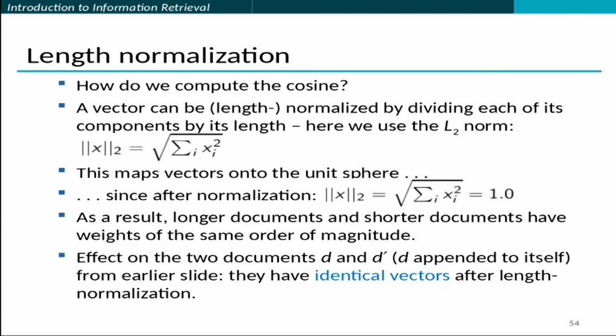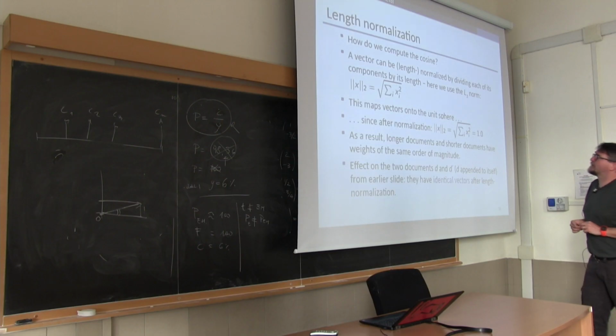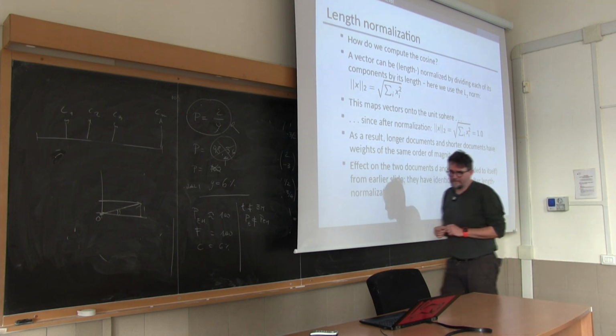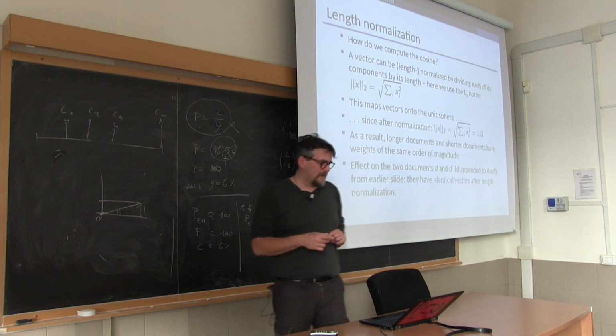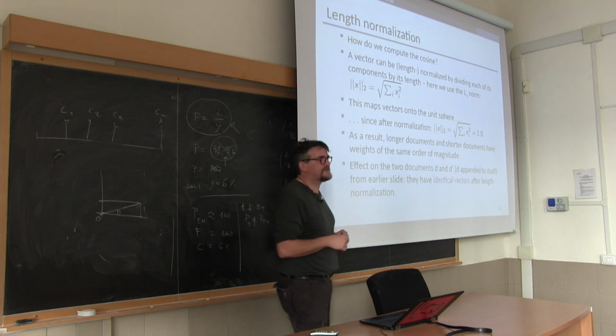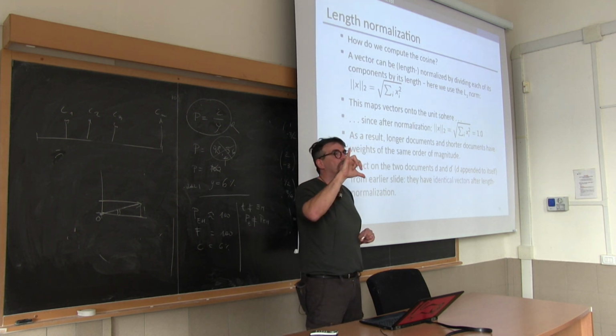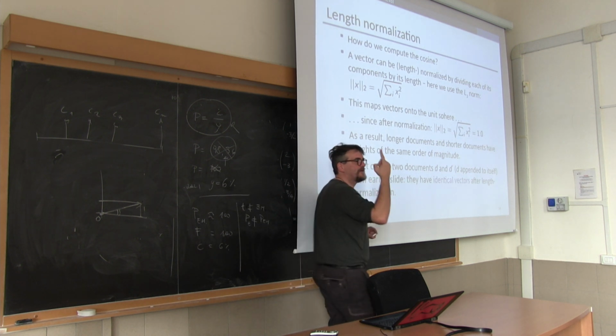In order to compute the cosine, we need first a normalization step. We normalize the length, simply dividing each component of the document by its length, the L2 norm. After normalization, the length of all the documents in our collection will be 1.